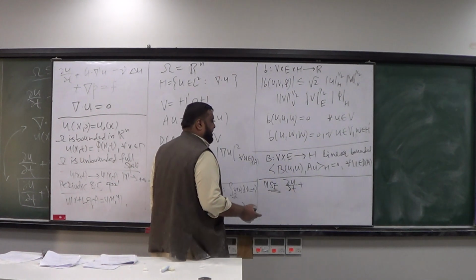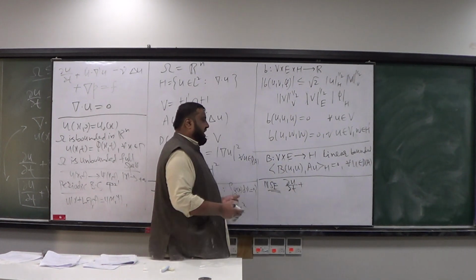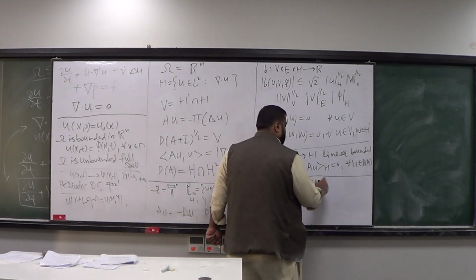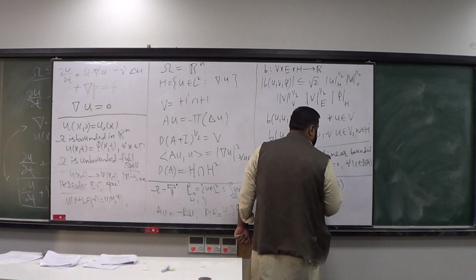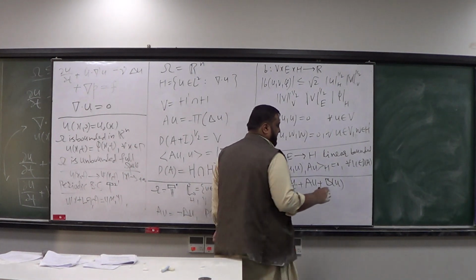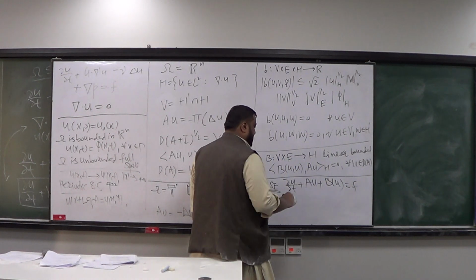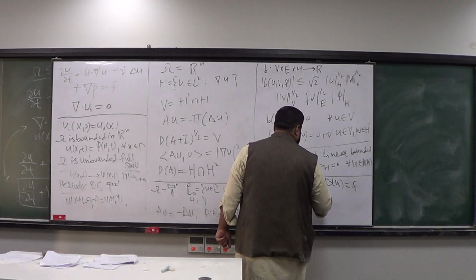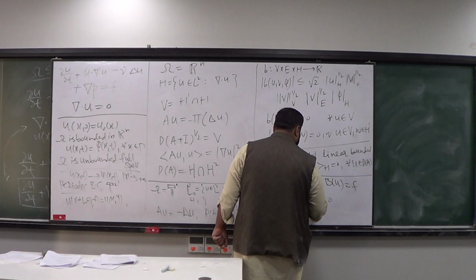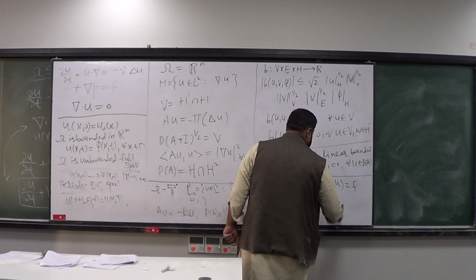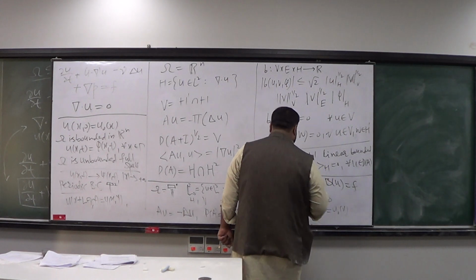For the sake of simplicity, I can put nu equal to 1, so I get Au plus B of u equal to f, the divergence of u is 0, and u of 0, x is u naught of x.